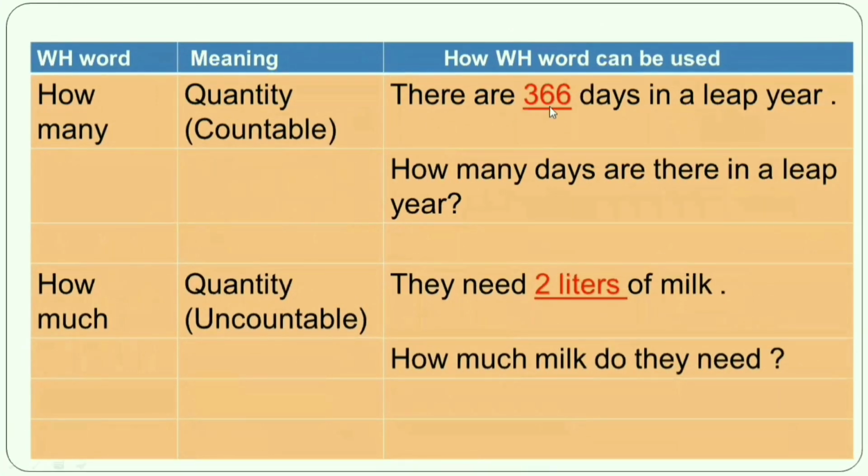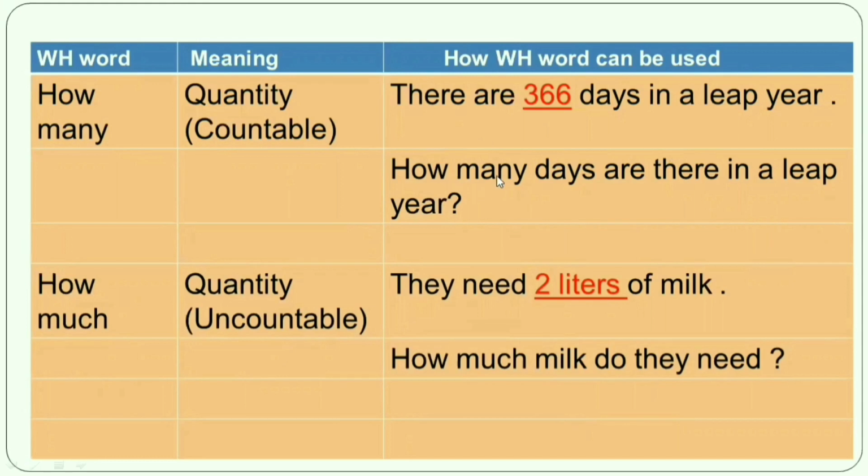Then there are 366 days in a leap year. So my dear student, look at the underlined word 366 days. It indicates quantity, that means countable. Okay, so if it indicates the quantity countable, then WH word will be how many.